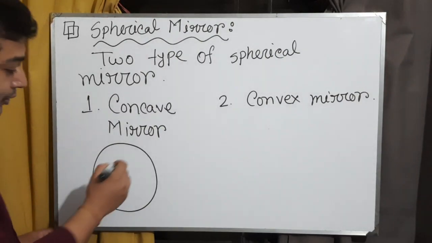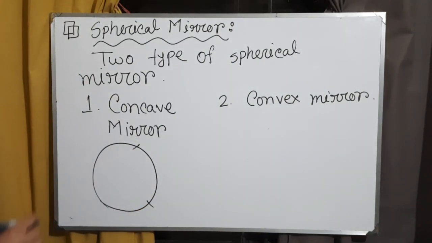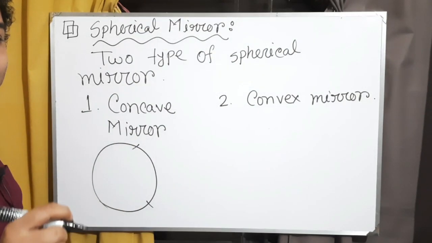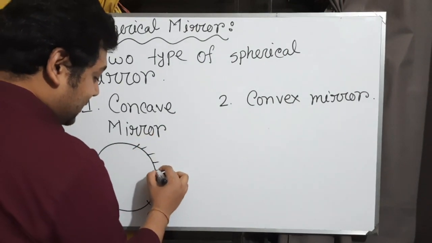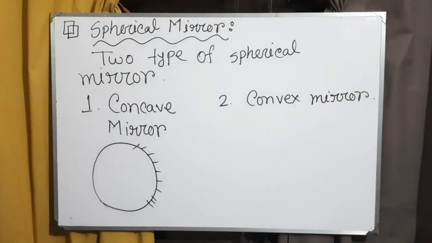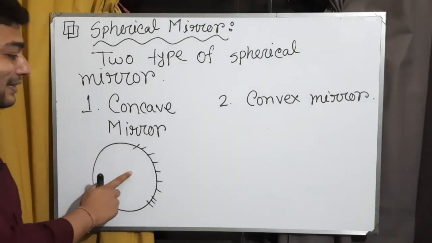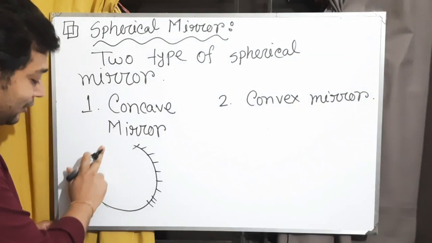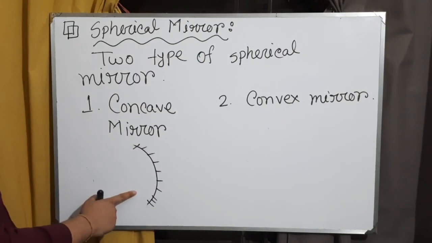If we take this part for our mirror, it is called a spherical mirror. If the inner surface of this portion is coated with silver or aluminum, then this type of mirror is called a concave mirror. So a concave mirror looks like this.